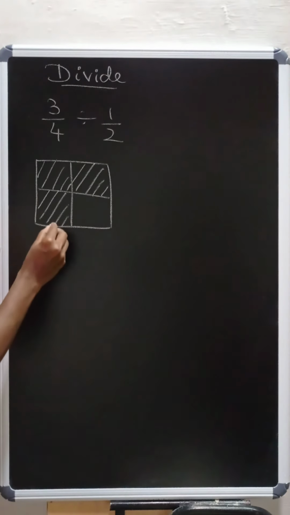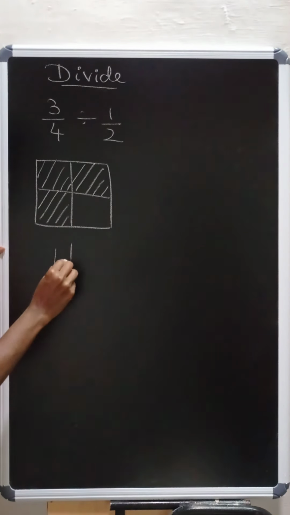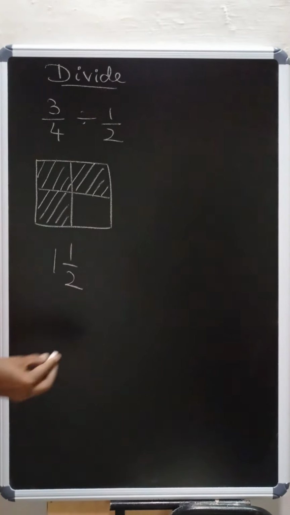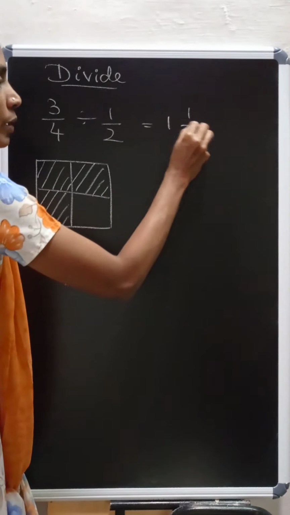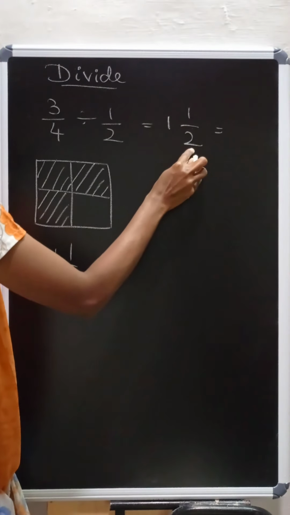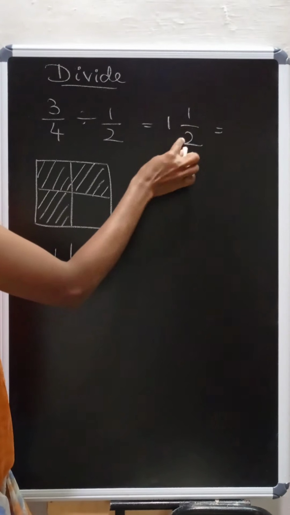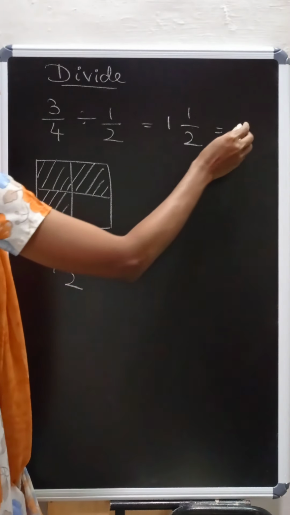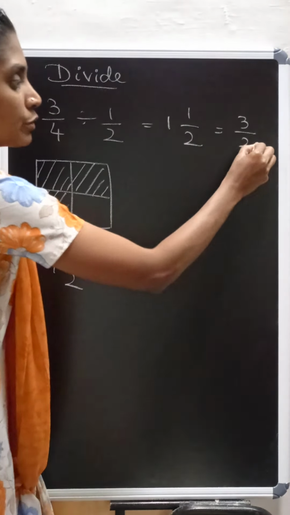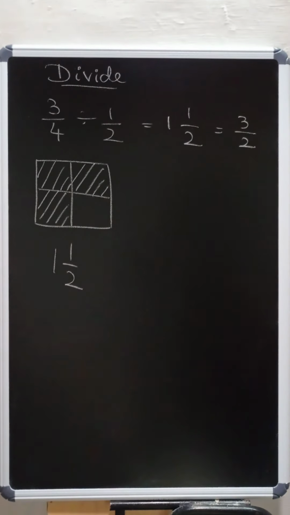Notice. So 1 and a half is the answer. So 3 by 4 divided by 1 by 2 is equal to 1 and a half, which you can convert from mixed fraction to improper fraction. 2 1s are 2, 2 plus 1 is 3. 3 by 2 is your answer.